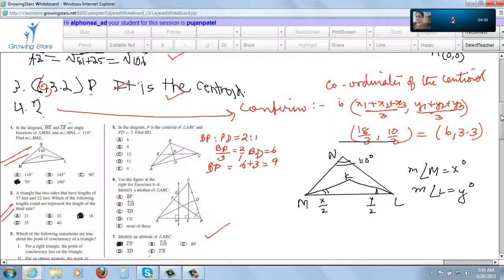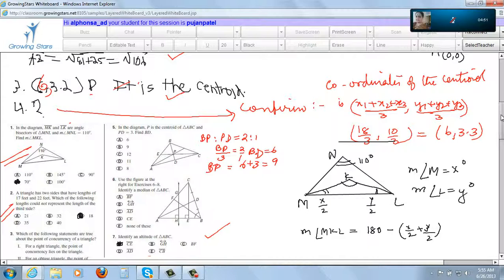So your angle K, which you're asked to find, the measure of MKL, would be equal to 180 minus the sum of x over 2 and y over 2. Did you understand that?